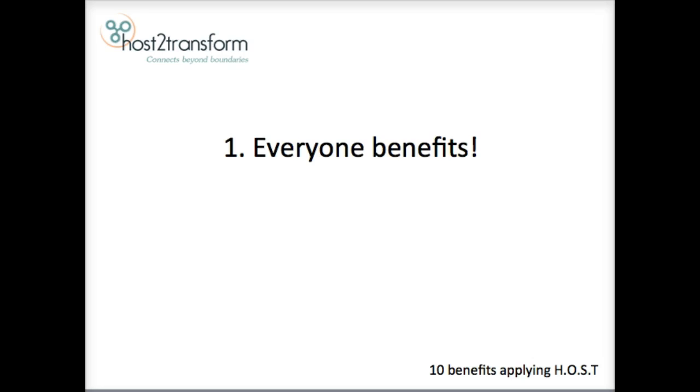Not so much about the content. I'm not saying everyone should become an entrepreneur, but the entrepreneurial attitude definitely can be facilitated through very simple facilitation technique, namely the host toolkit.